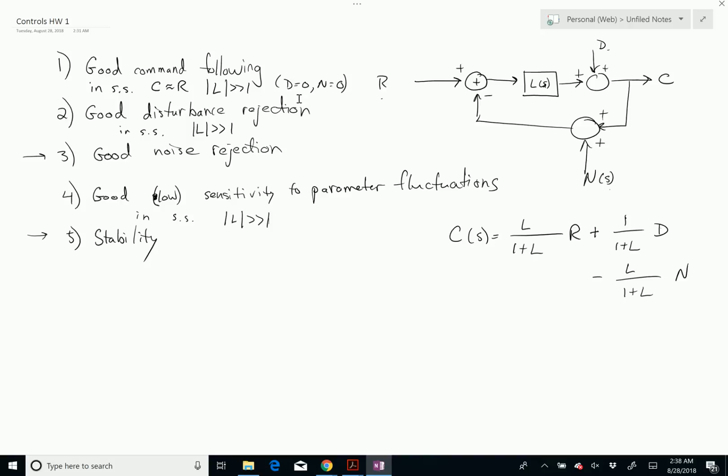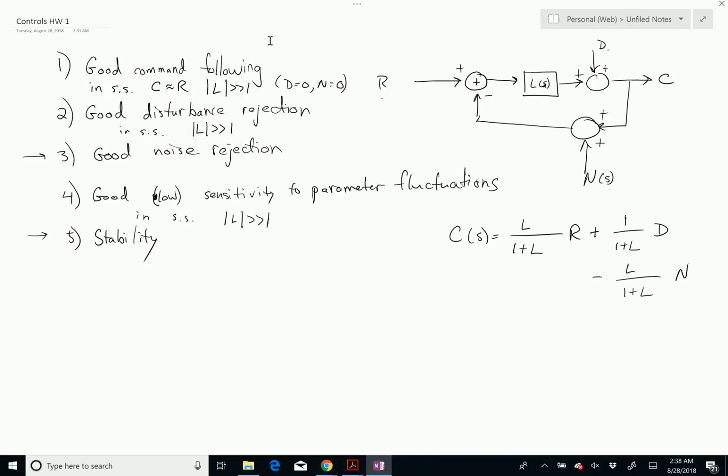So if the specific values, the time constants and things in this L of S are changing over time, as long as the magnitude of L is much, much greater than 1 in steady state, then those fluctuations don't matter.